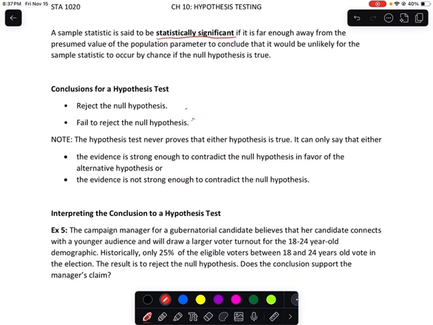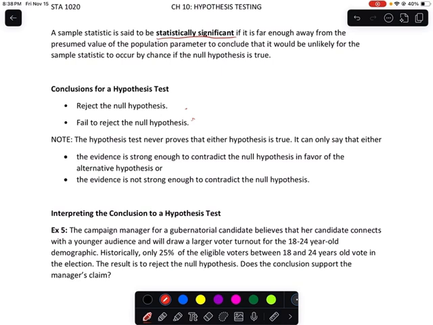Now note, the hypothesis test never proves that either hypothesis is true. It can only say that either the evidence is strong enough to contradict the null hypothesis in favor of the alternative hypothesis, or the evidence is not strong enough to contradict the null hypothesis.